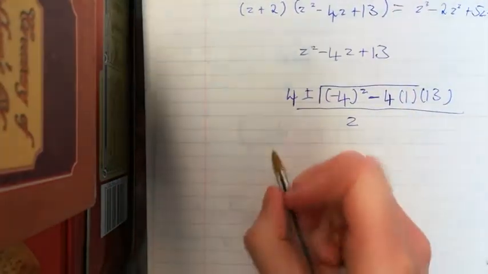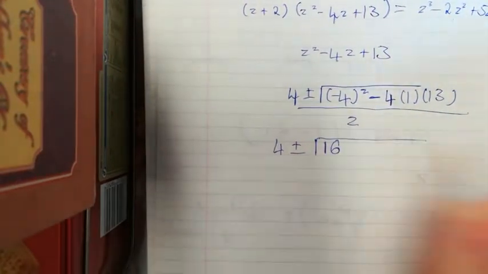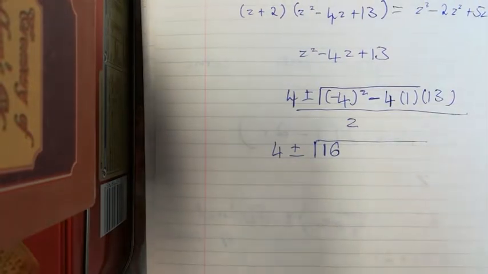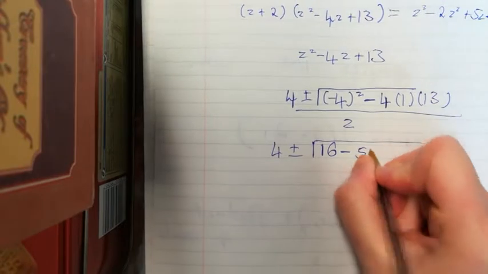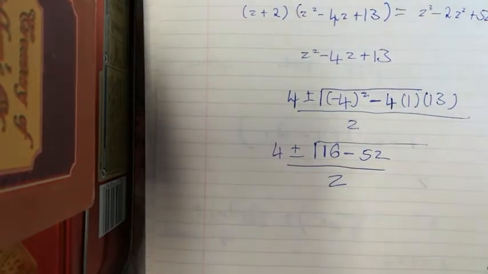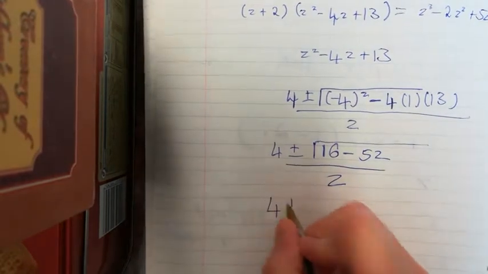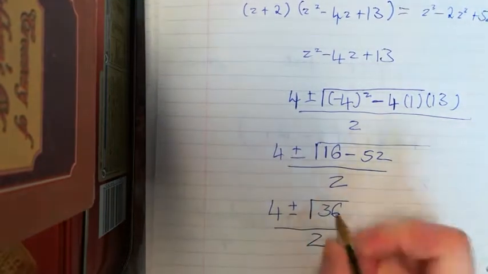So it's going to be 4 plus or minus the square root of 16 minus 4 by 13, which is minus 52, all over 2. So it's going to be 4 plus or minus the square root of minus 36.